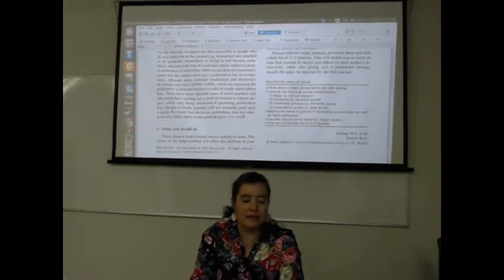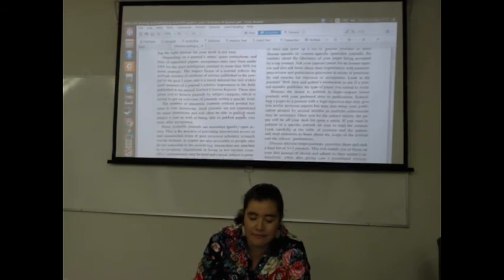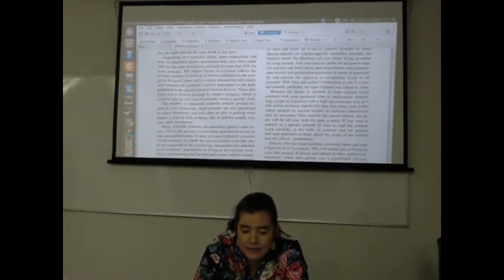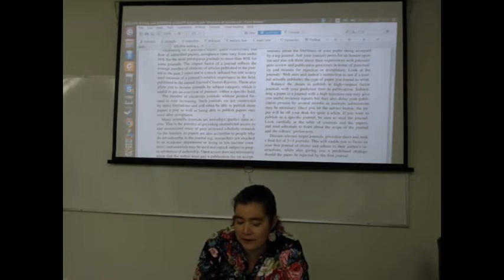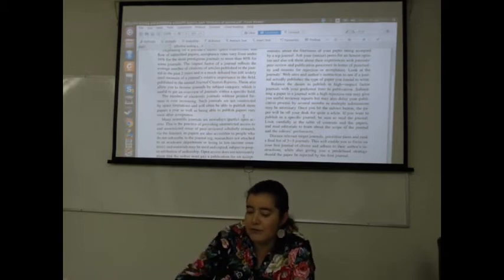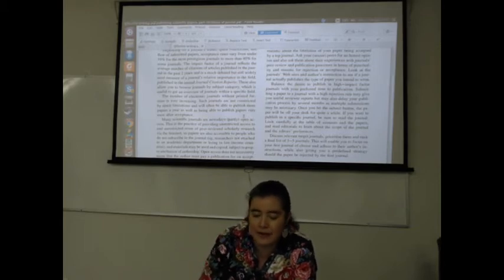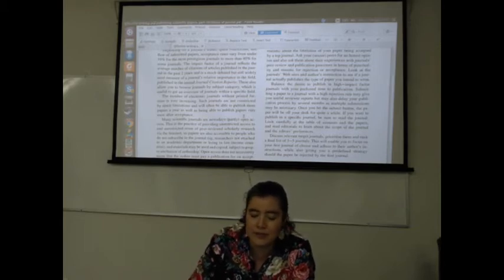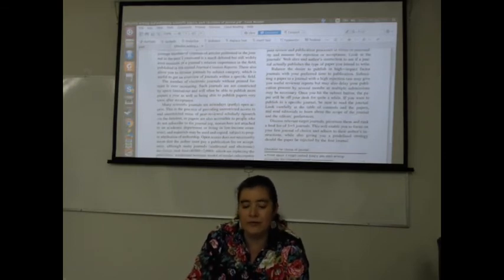Think about a target journal before starting to write. Balance the desire to publish in high impact factor journals with your preferred time to publication. There are other journals that are very high in impact too, but they can have a fee to publish that is a few $1,000s worth.